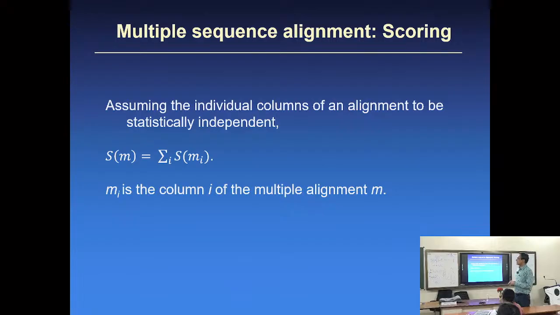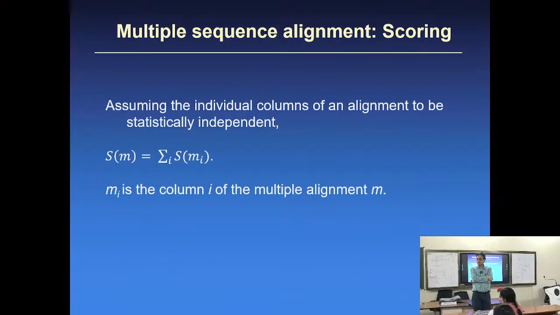Okay, so how to score multiple alignment? We saw and discussed scoring pairwise alignment. Given a pairwise alignment, the score is the sum of the scores for alignment of residues at each position in the alignment.